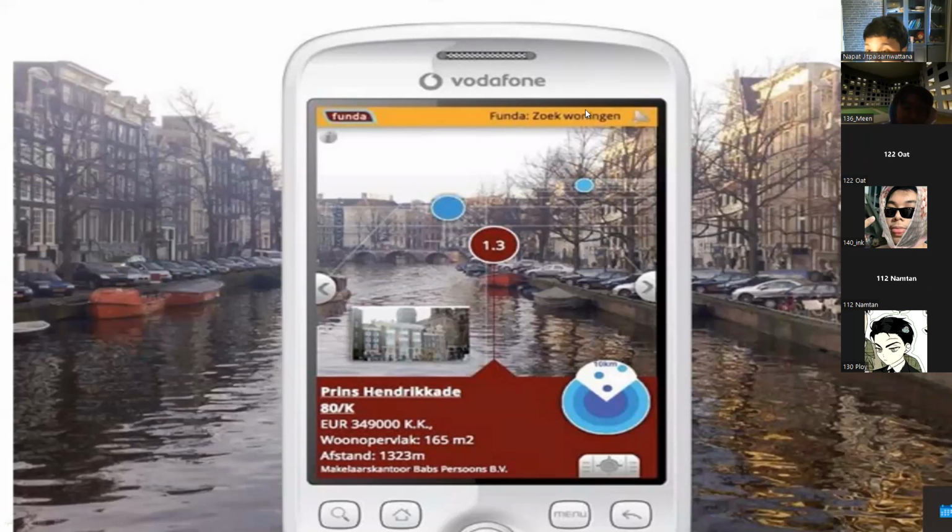Sorry? Identify places. Identifying places. Okay. Yes. So this technology can help you identify places. How do we call this technology? Anyone? You can type in the answer into the chat box as well, if you don't want to speak.